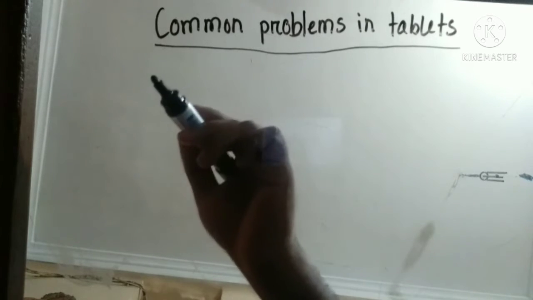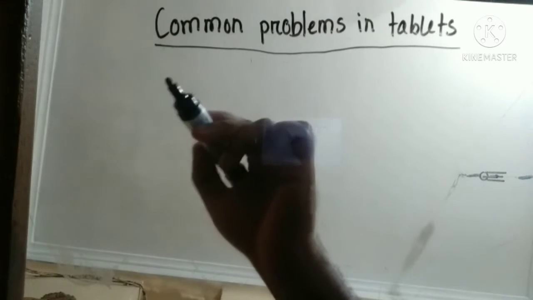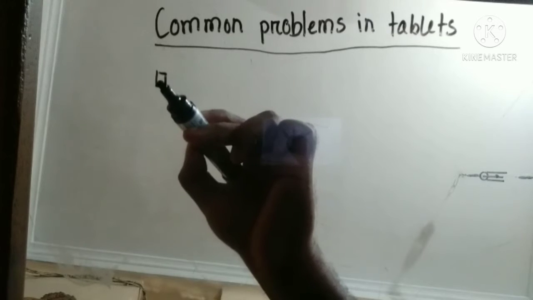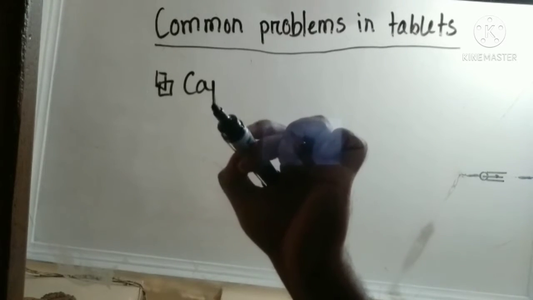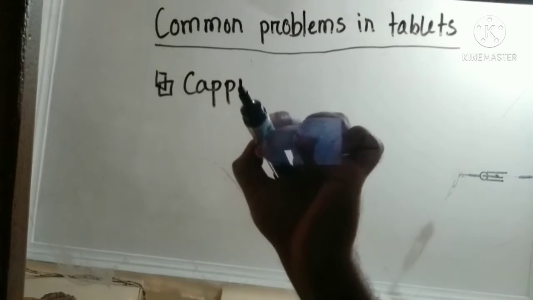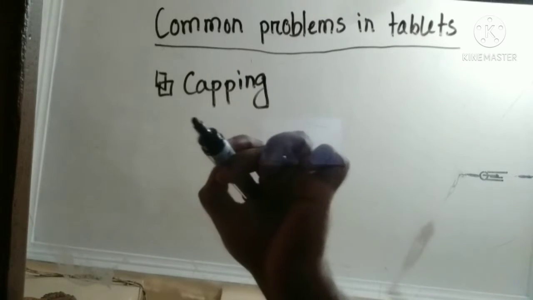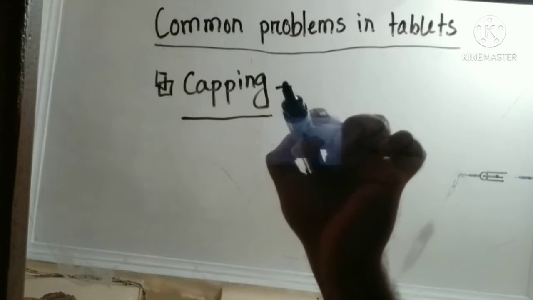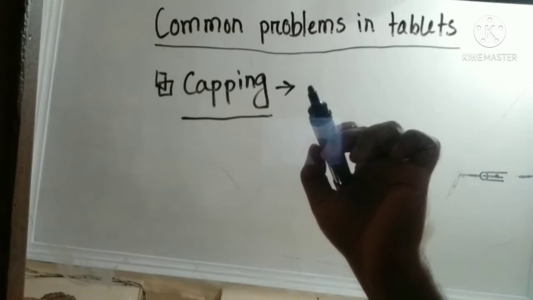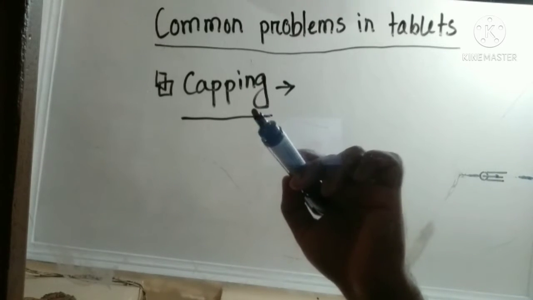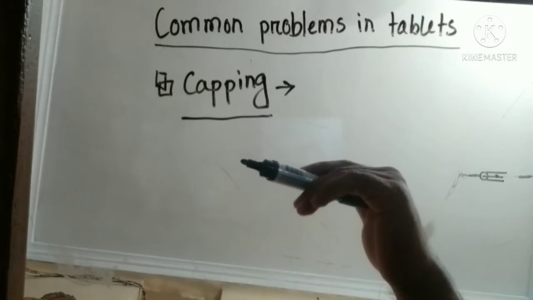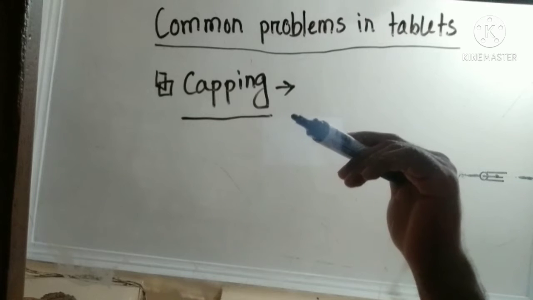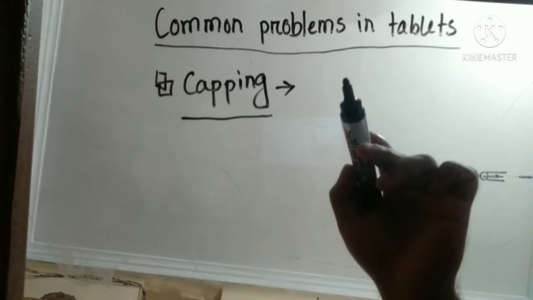So let's see the first one. Our first one is capping. From the name capping we can actually guess what the problem is.